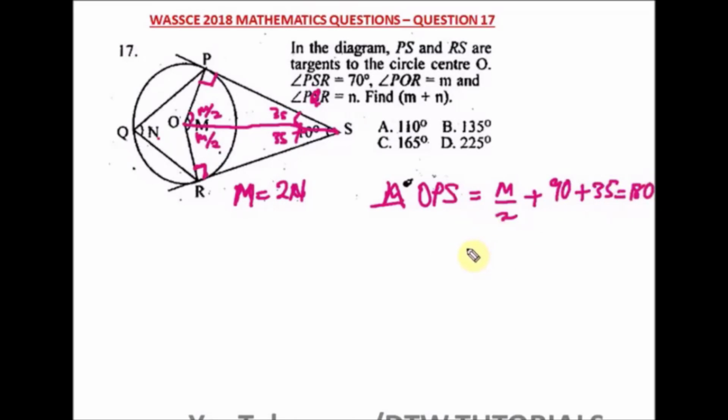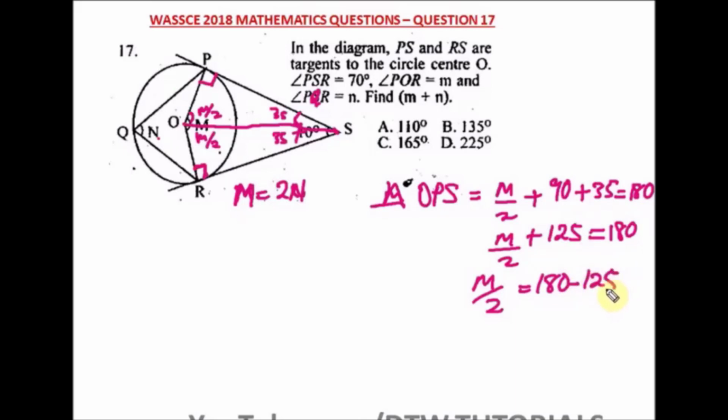Alright, so from here, how do we solve? What is 90 plus 35? 90 plus 35 is 125. So we have plus M divided by 2 equal to 180. So let's take 125 to this side. We have M divided by 2 equal to 180. Taking positive to the other side, we have a negative 125.